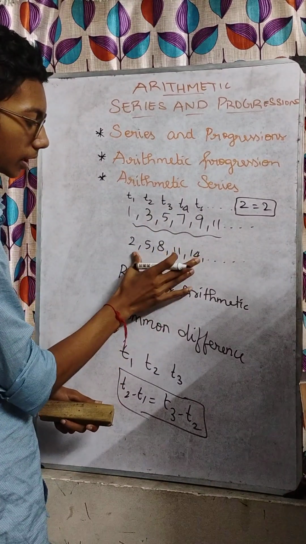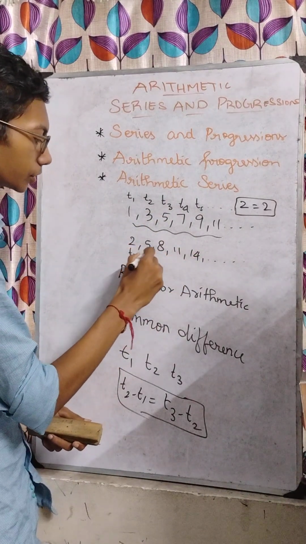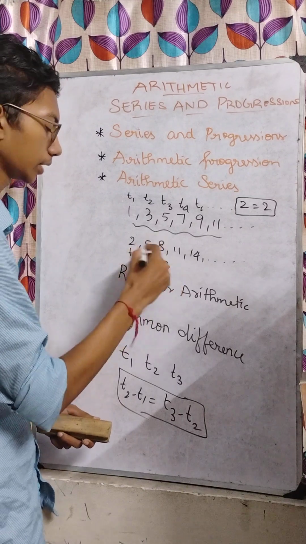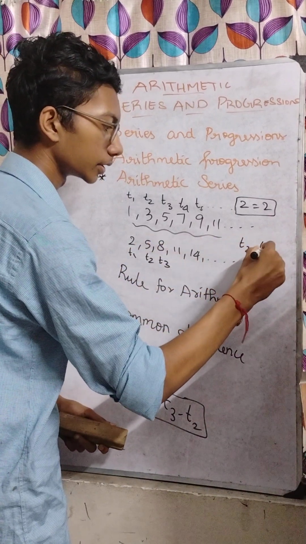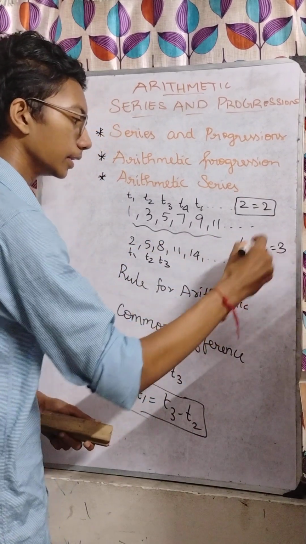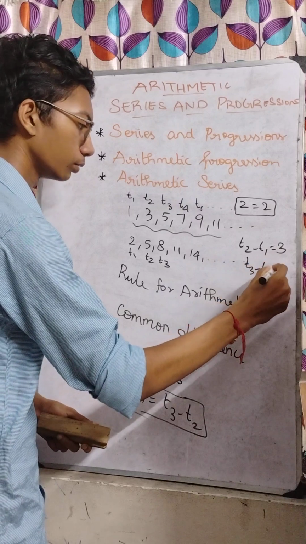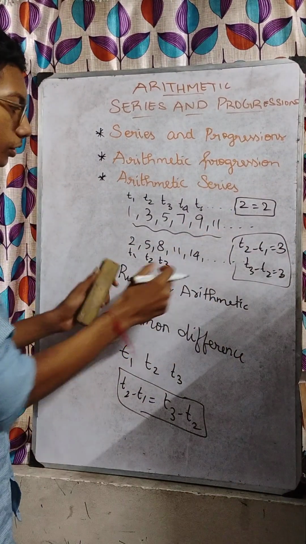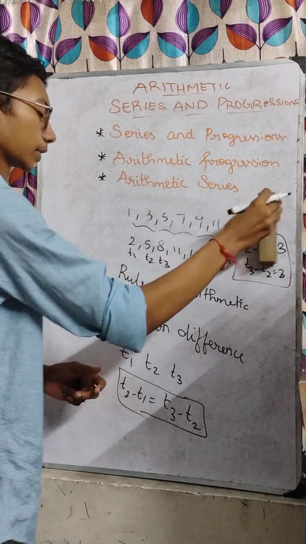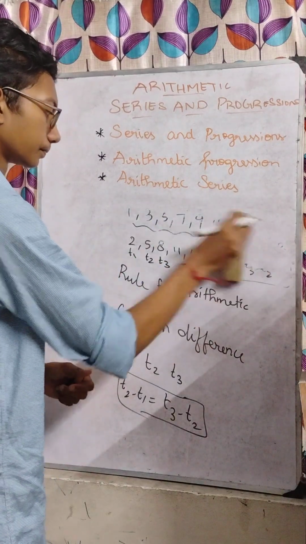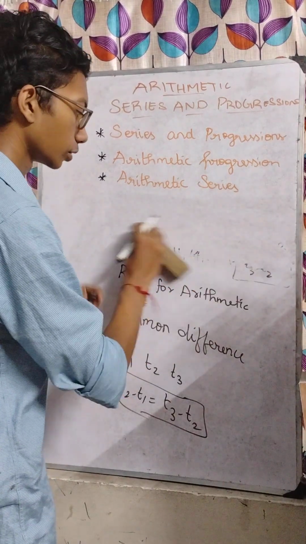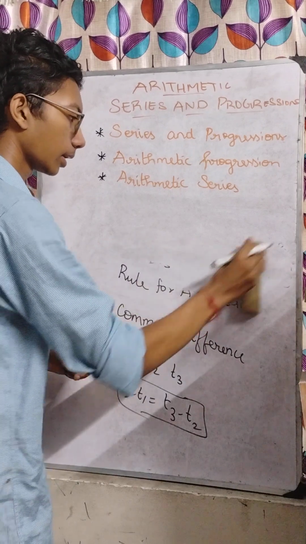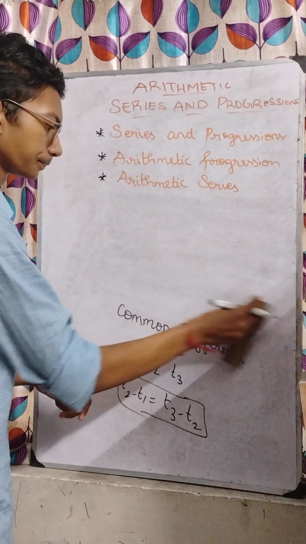Now next we will take this. Here T1 is 2, T2 and this is T3. T2 minus T1 is 3. T3 minus T2 is also 3. Which means this progression is also an arithmetic progression. So this is the thing about arithmetic progression.